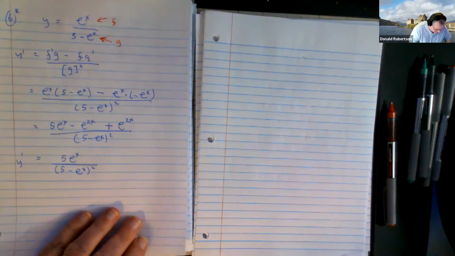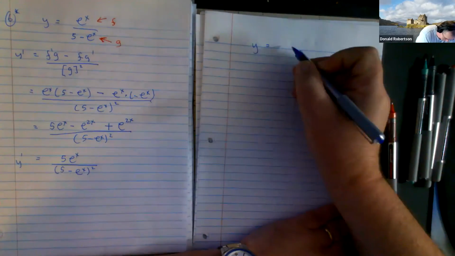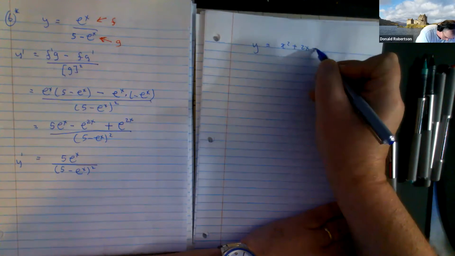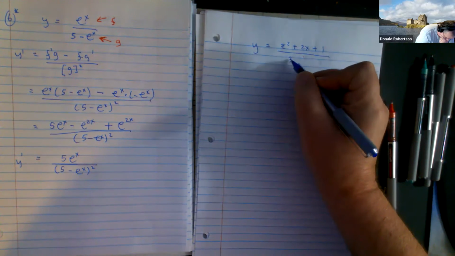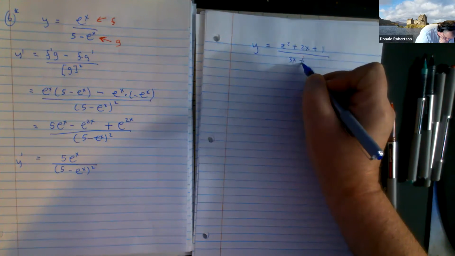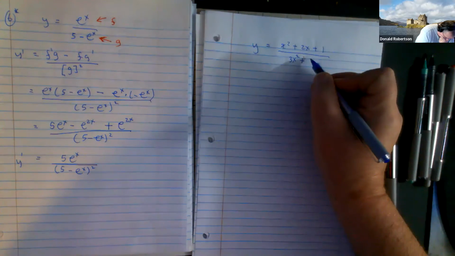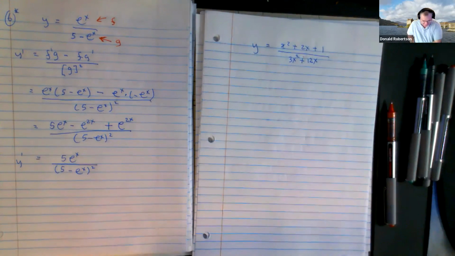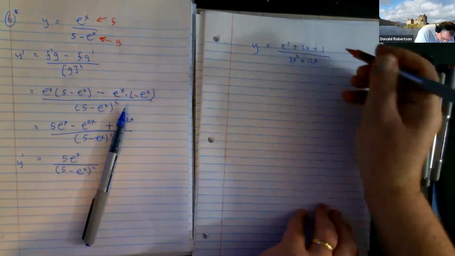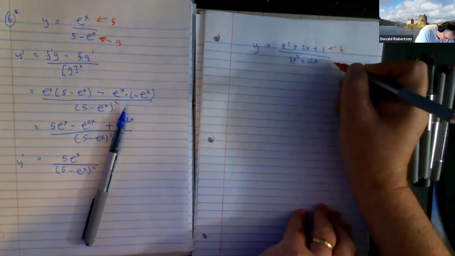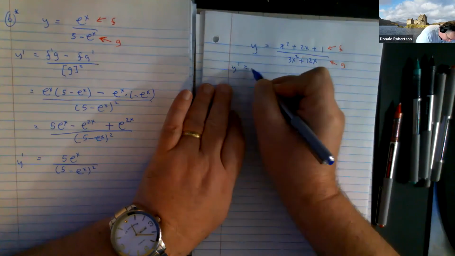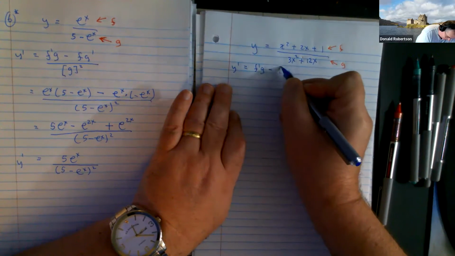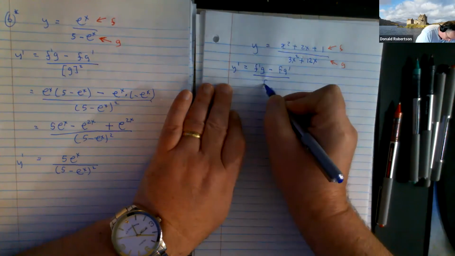Let's do another one. So the top's F, the bottom is G. The quotient rule is F dash G take away F G dashed, all over G squared.